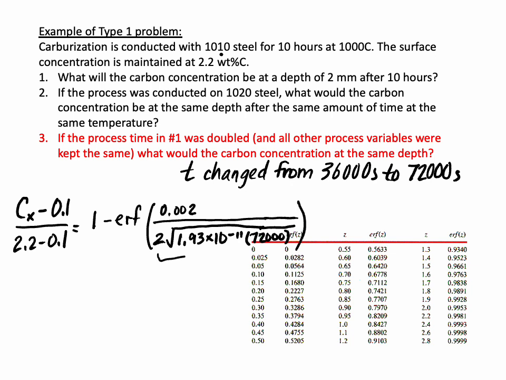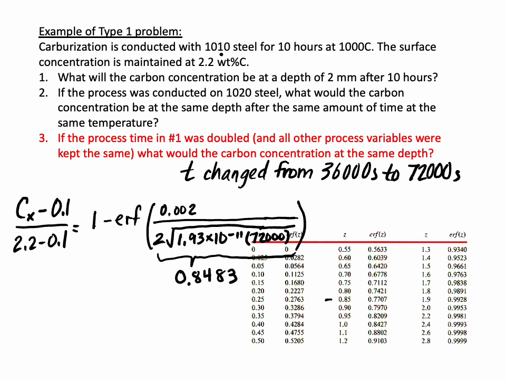So this value in the parentheses is no longer 1.2. This value is 0.8483. And so if I look at my error function table, under the column Z, for 0.8483, I have a value here of Z of 0.85, which is very close.